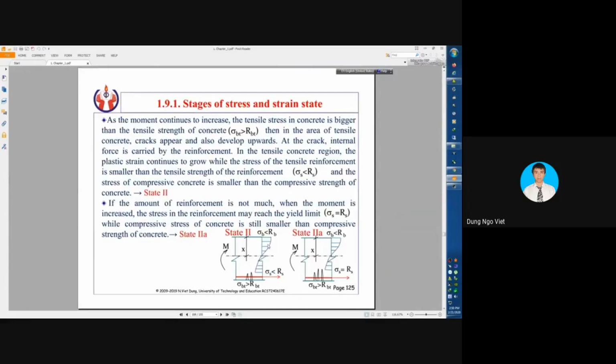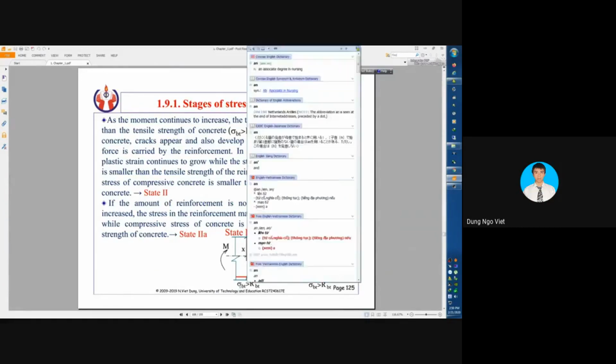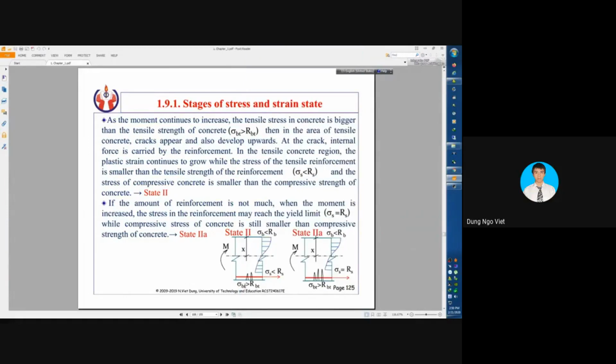As the moment continues to increase, the tensile stress in concrete, sigma bt, is bigger than Rbt, the tensile strength of concrete.